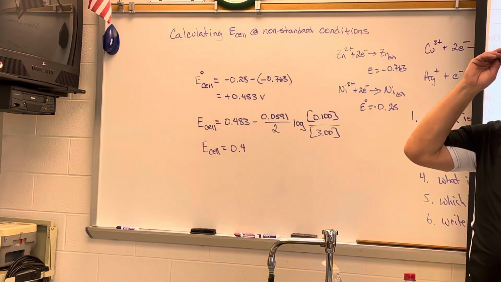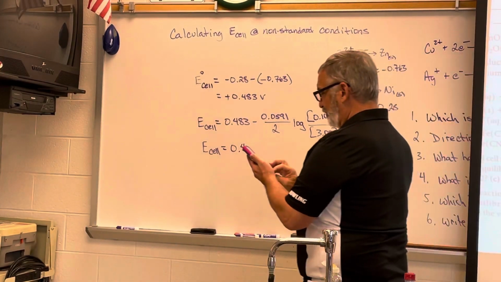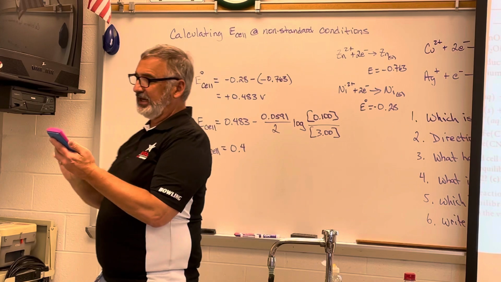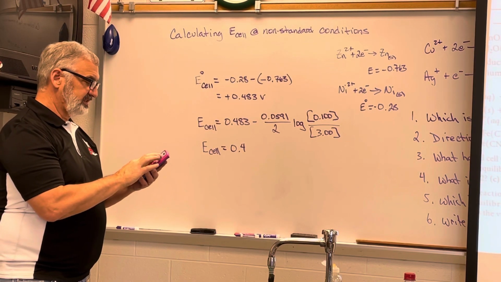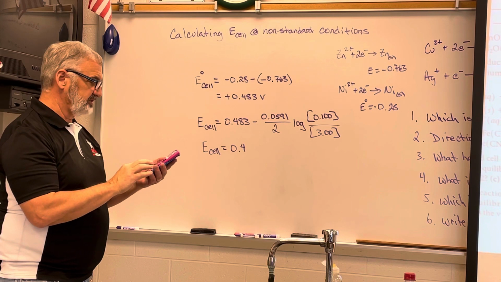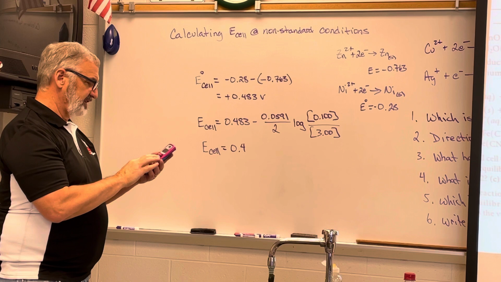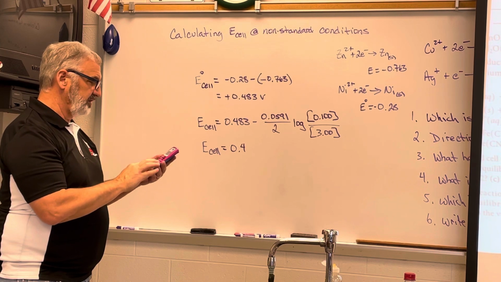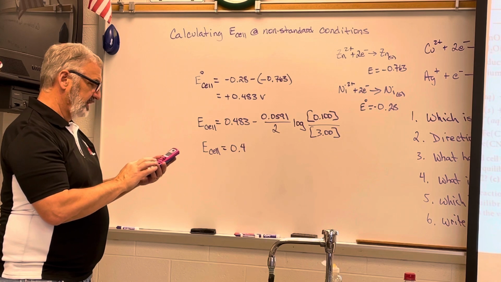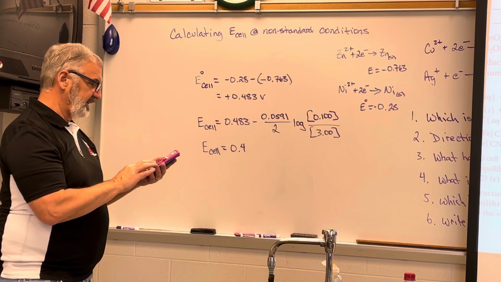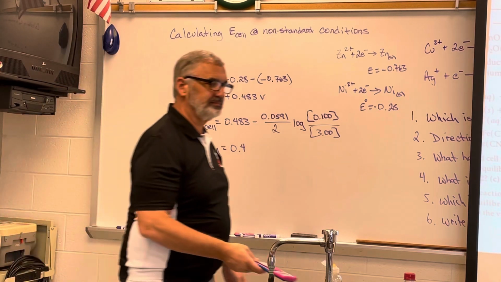I got 0.526. Yeah, it's 0.526. 0.1 divided by 3 equals 0.033. I want to take the log of that, negative times 0.0591 divided by 2. So that's my whole term. Then 0.483 minus that answer. I get 0.527.